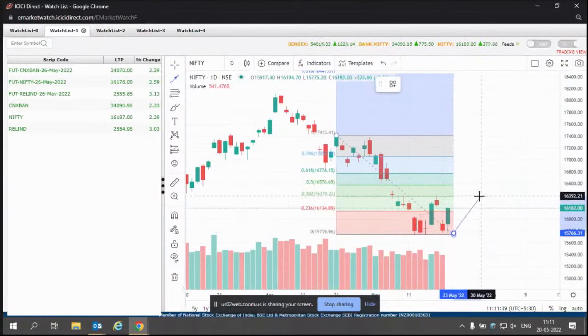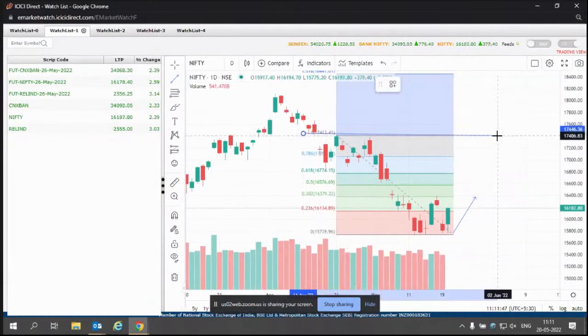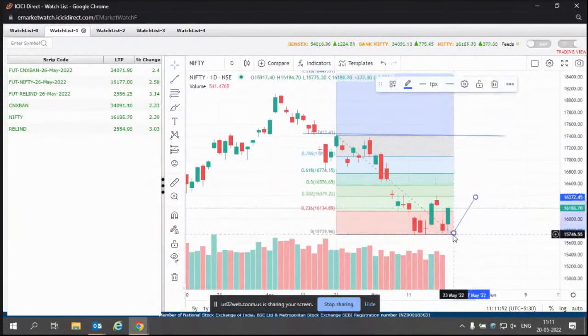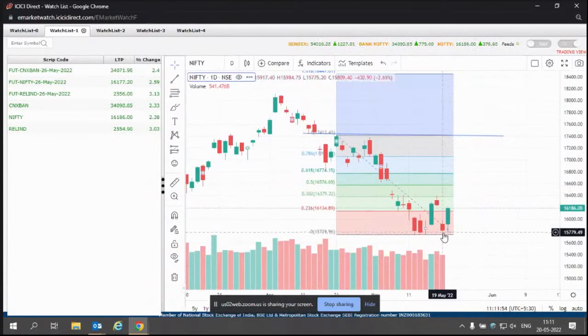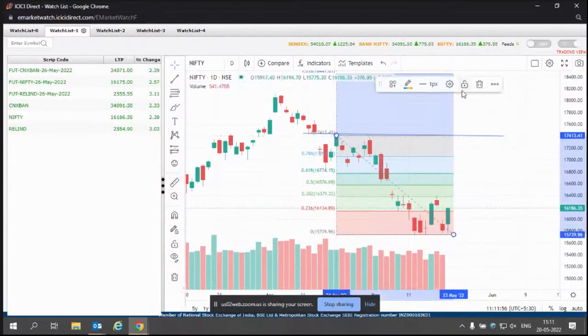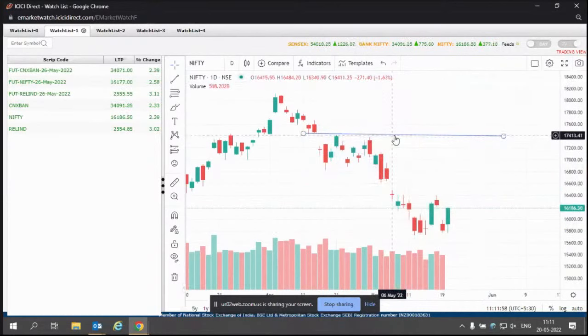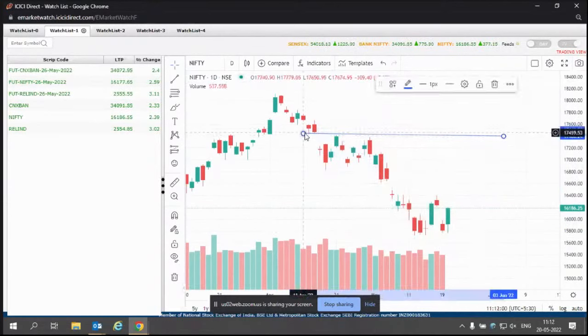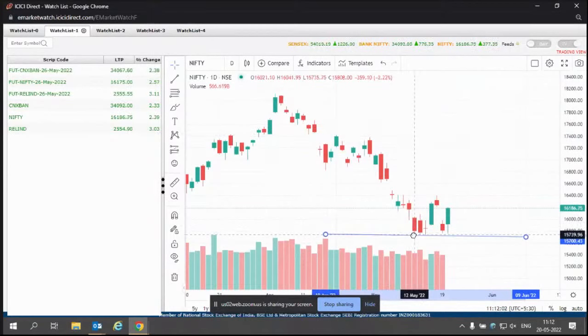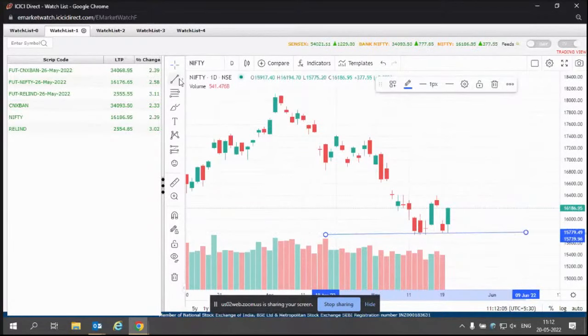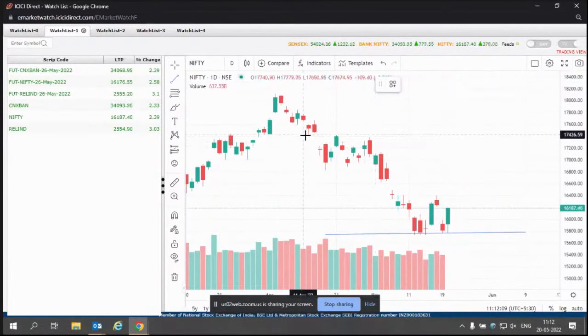Whenever the trend lines are breached, just as an example, go to the chart. Go to trend lines, draw on any trend.